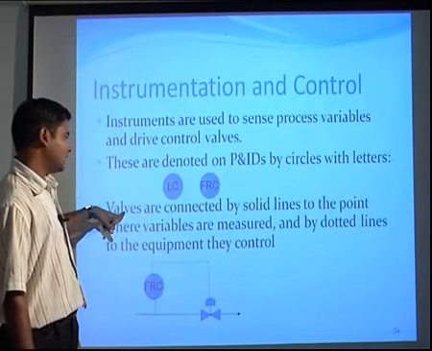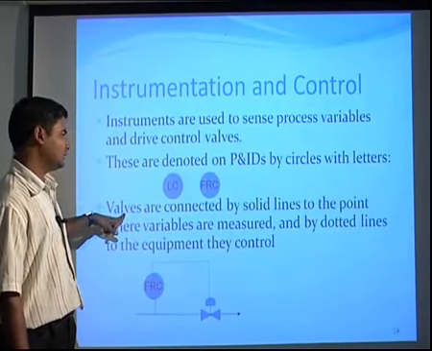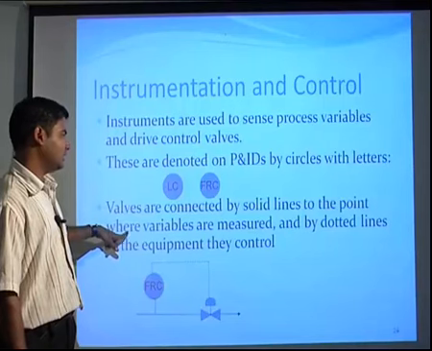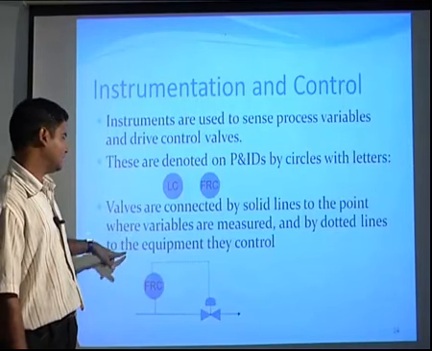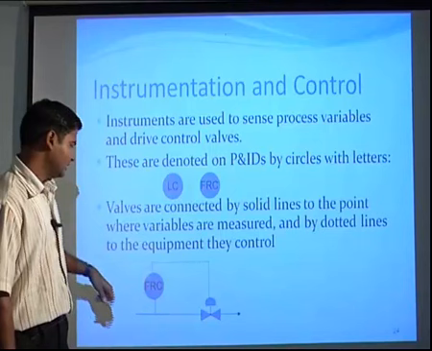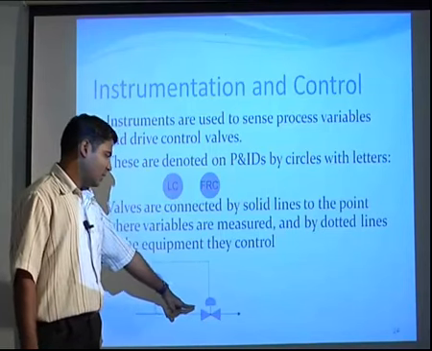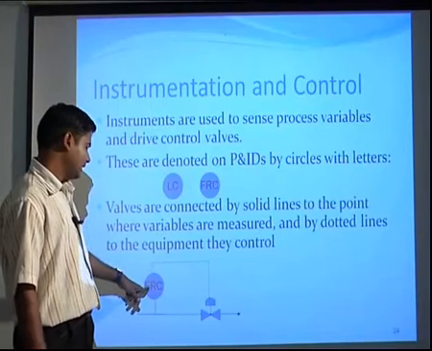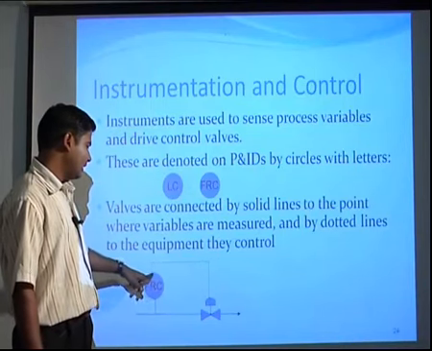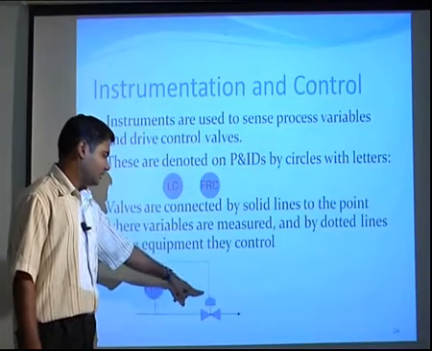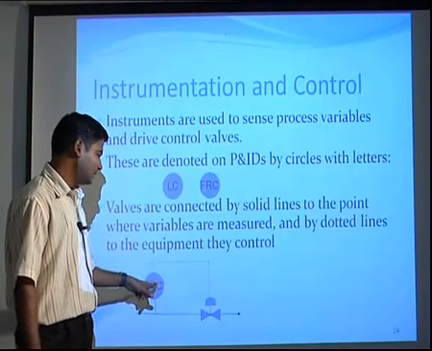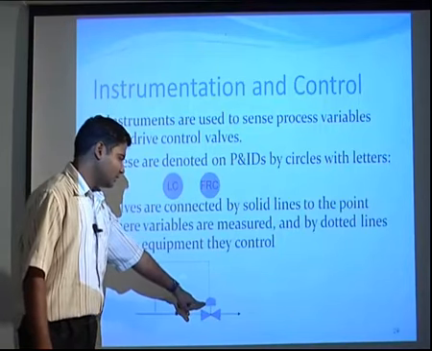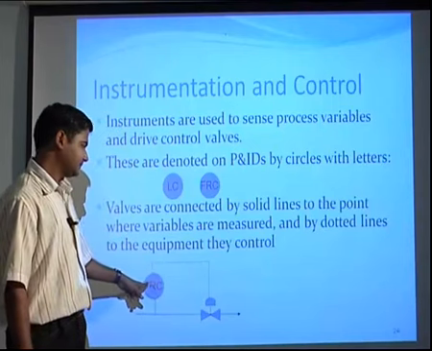The valves are connected by solid lines to the point where variables are measured, and by dotted lines to the equipment they control. Suppose this is a valve and this is the instrumentation control like FRC. It is joined by the dotted line, which means the flow through this valve is controlled by this one.